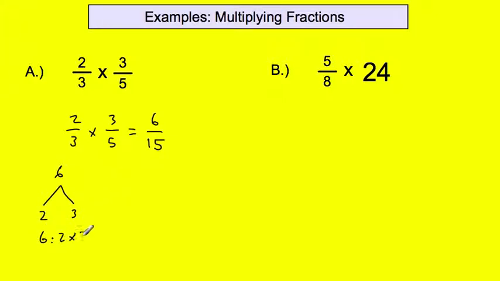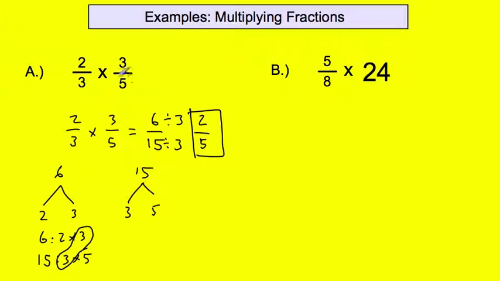That's 2 times 3, and then 15 will be 3 times 5. And so what is our common factor there? It's 3. So dividing by 3 equals 2, divided by 3 equals 5. So there's our answer to 2/3 times 3/5. And again, the key, simplifying.